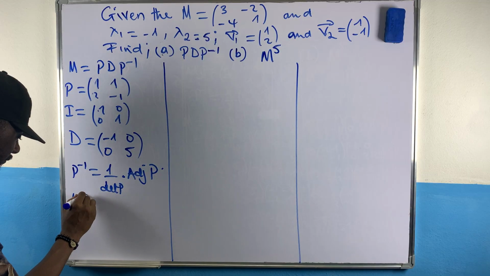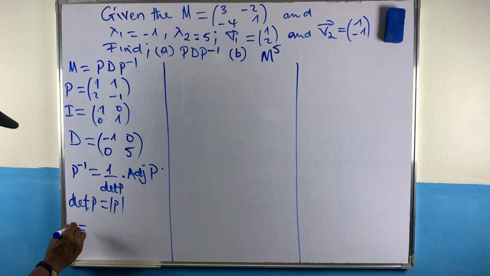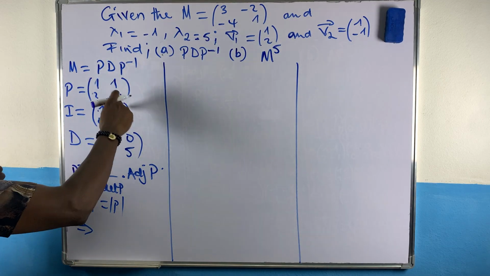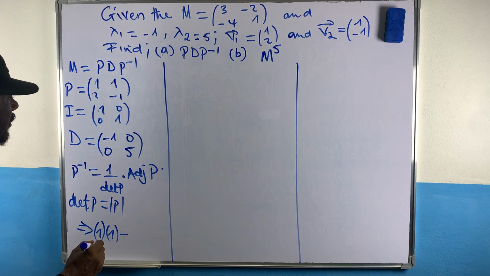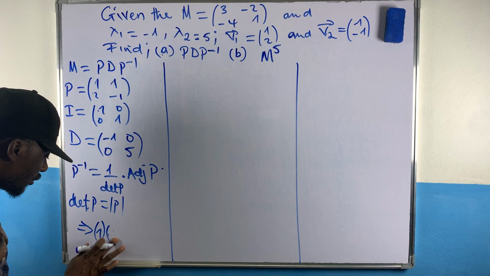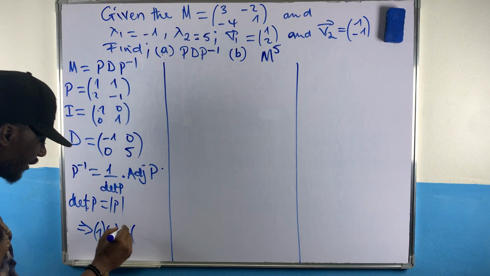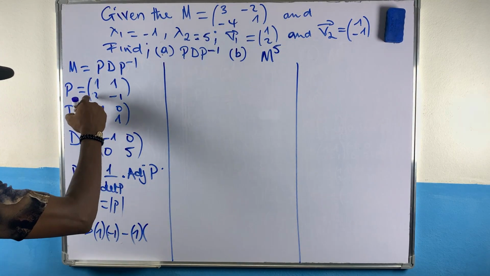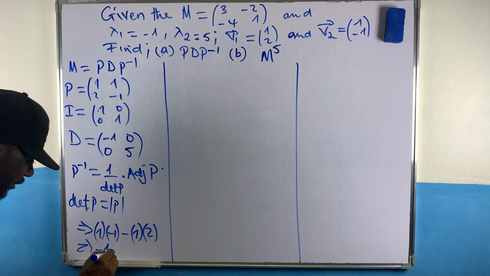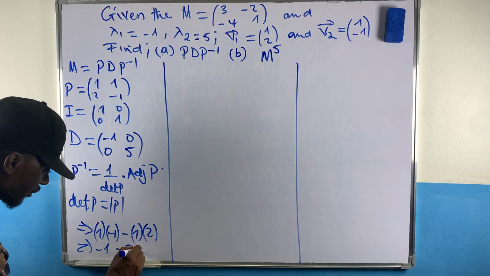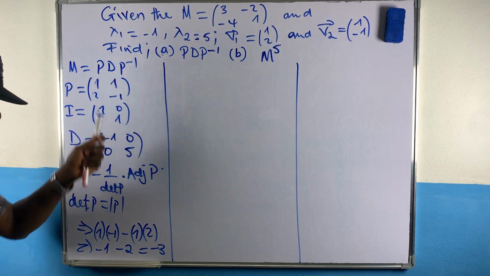The determinant of matrix P, which is still the absolute value of P, is given by multiplying the major diagonal, which is 1 times -1, minus you multiply the minor diagonal also, 1 multiplied by 2. So that will give us -1 minus 2. That gives us -3. So actually the determinant of the matrix P is -3.